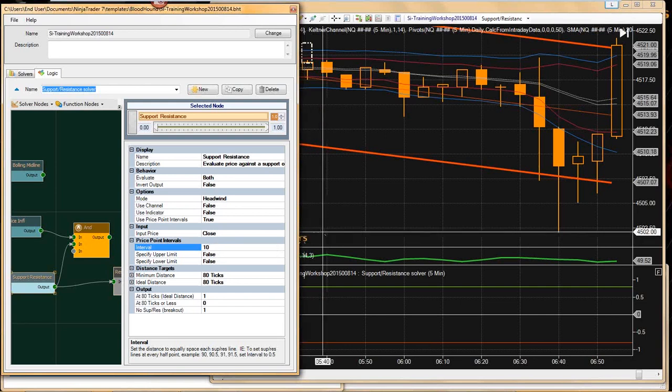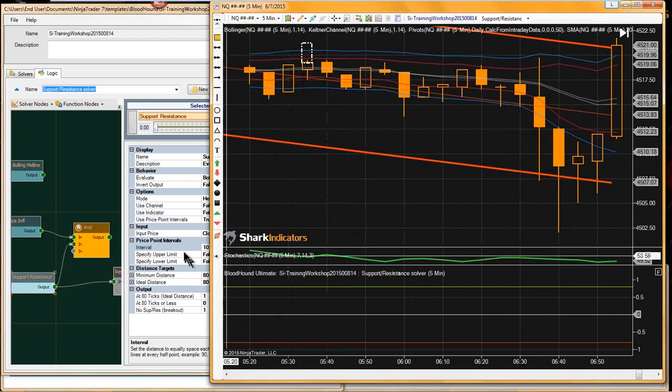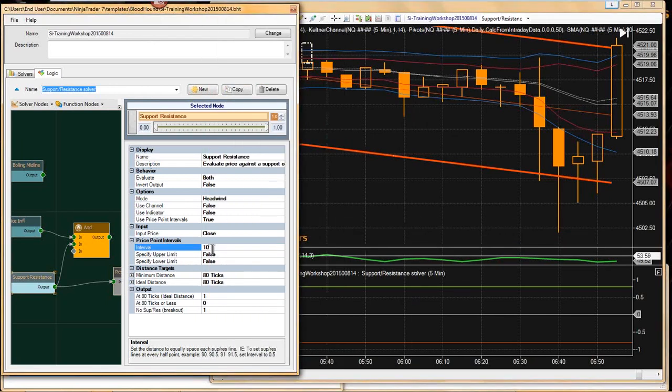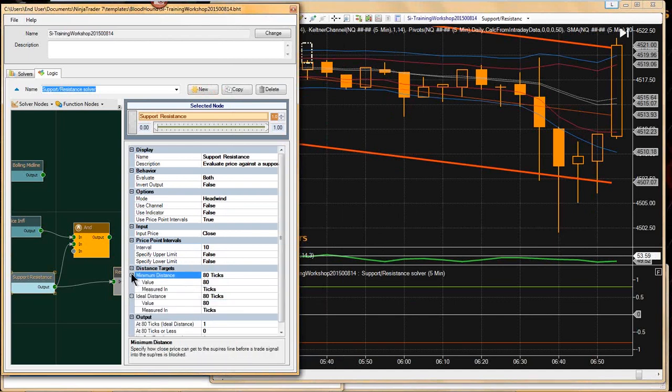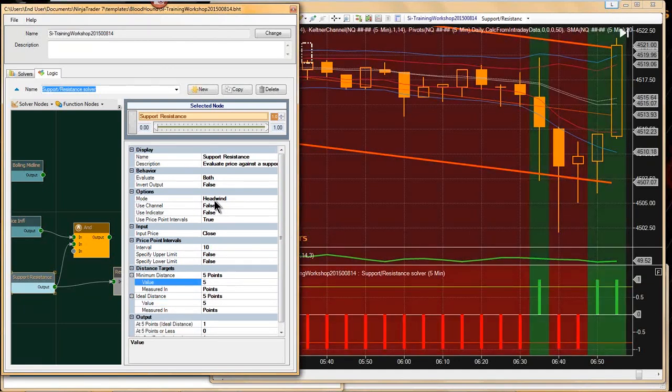So, 10 points. Let me change these to points, and let's say we need a 5-point distance. Alright, so headwind mode.